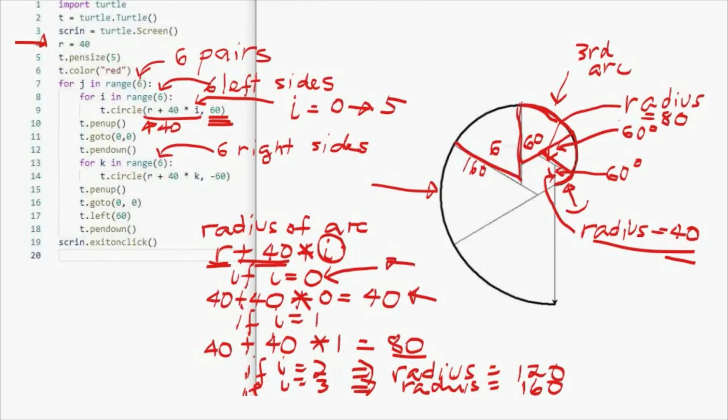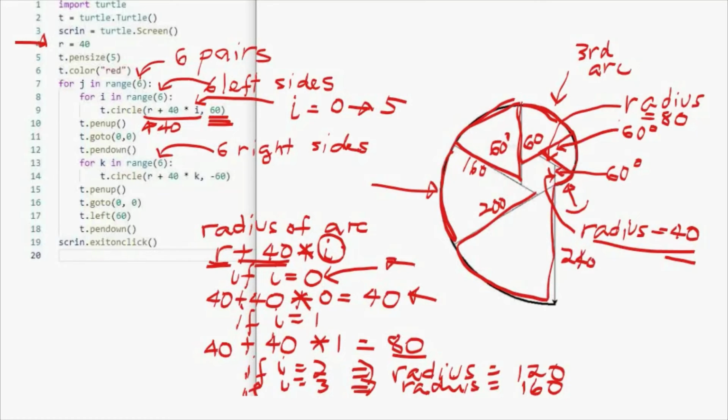And this is the central angle, 60 degrees. And this is the fourth arc. Now we continue. This is the fifth arc with a new radius. The radius is 200 up to here. And then this is the final arc with the new radius. The radius is 240.